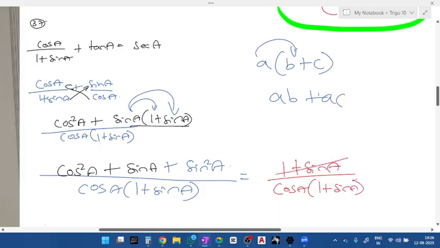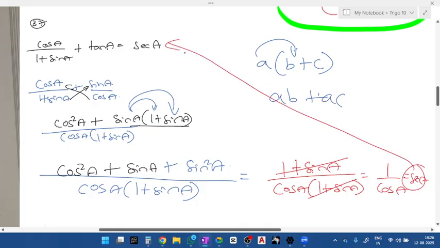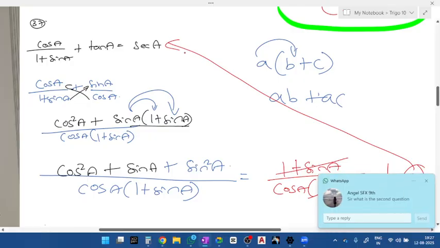Now you can cancel them. What is left? What is 1 by cos? Understood? Even the sign you are giving wrong, multiplying and giving wrong answers. You have to practice, Naomi.